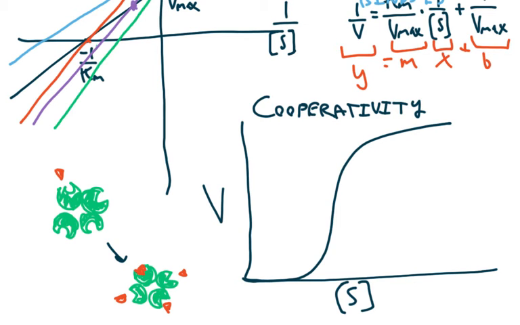Cooperativity may be affected by certain factors, and I want to make a video in particular on the protein hemoglobin, which binds oxygen in our blood, and that's affected by several different factors. And if your cooperative enzyme gets worse, what's going to happen to your curve is it's going to shift to the right. That means you need more substrate concentration to reach the same velocity.